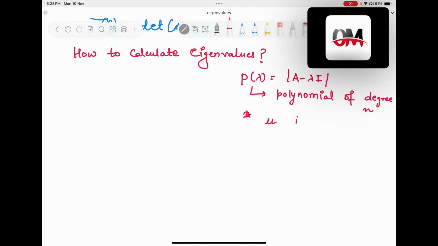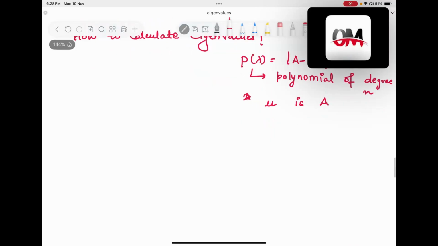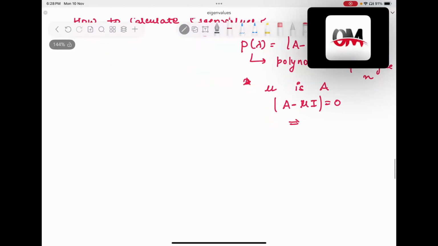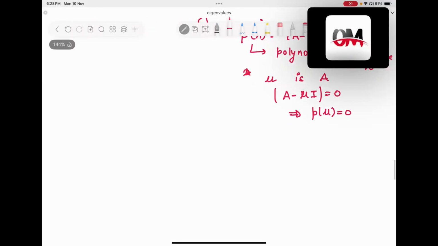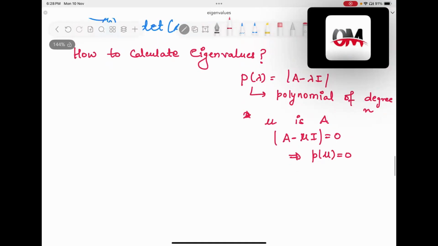Now suppose you take some other notation. Suppose mu is an eigenvalue of A, right? Then determinant of A minus mu I has to be 0. So that implies P(mu) has to be 0, because both are the same thing. So what are eigenvalues?